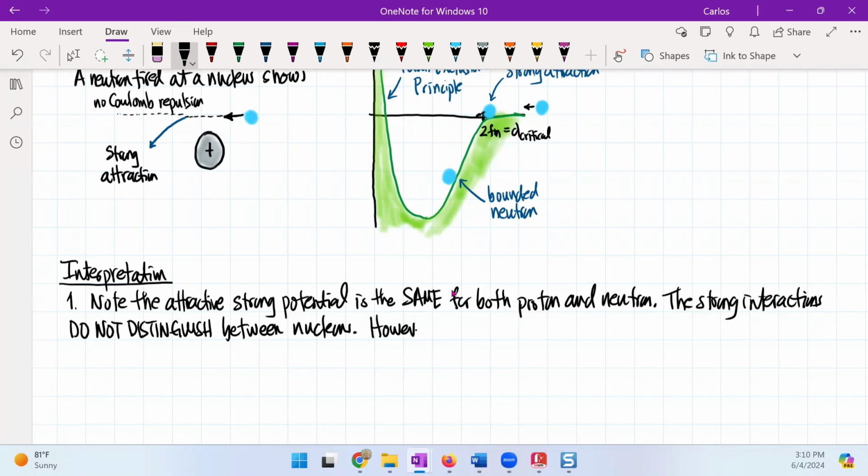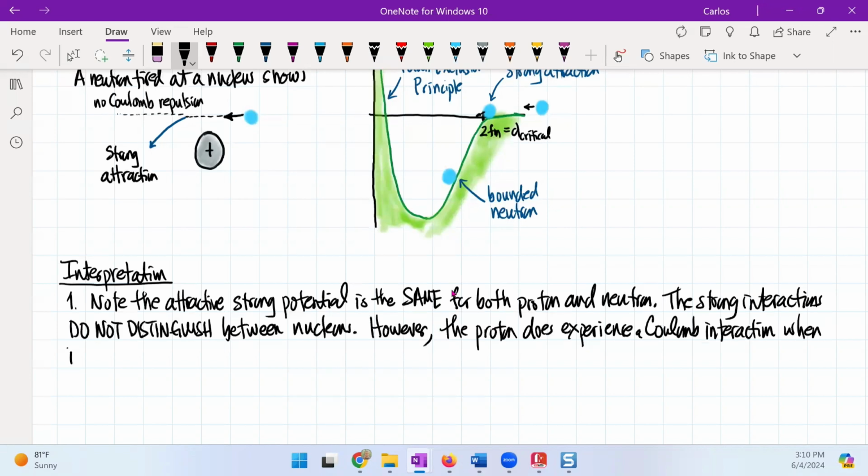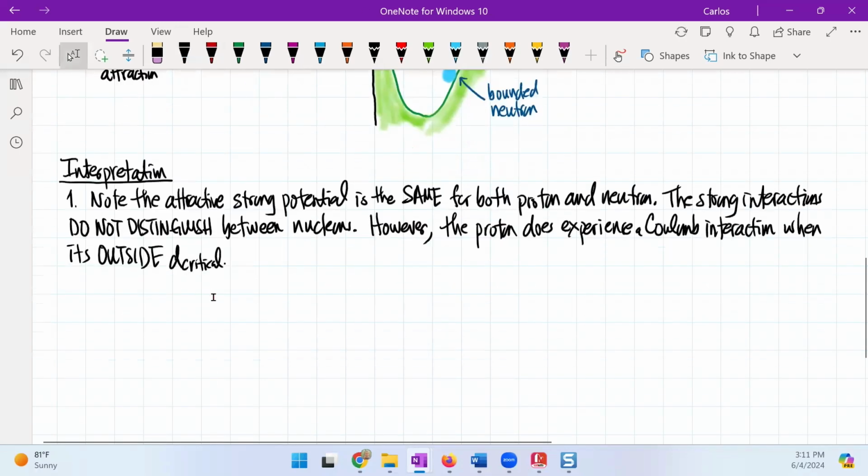However, the proton does experience a Coulomb interaction when it's outside D critical, which is exactly what we were talking about.